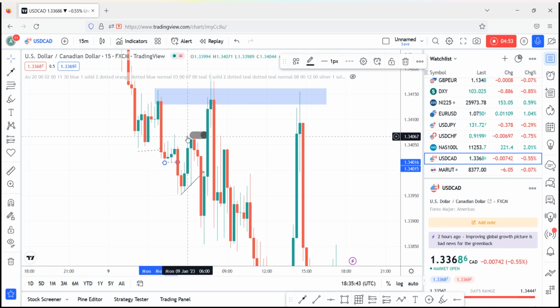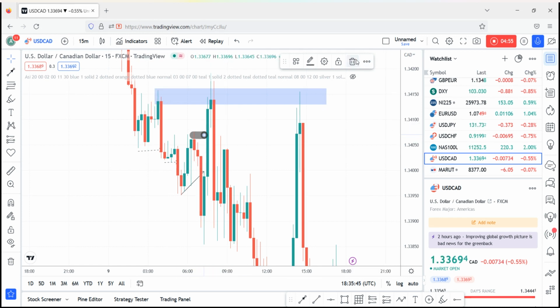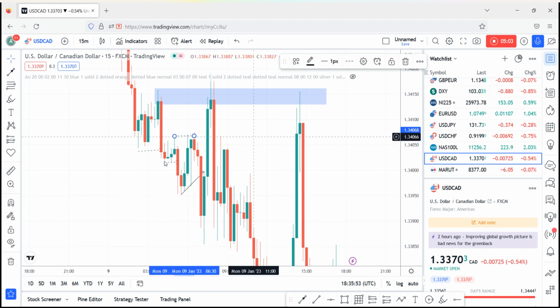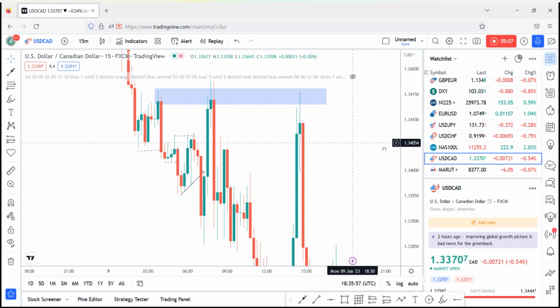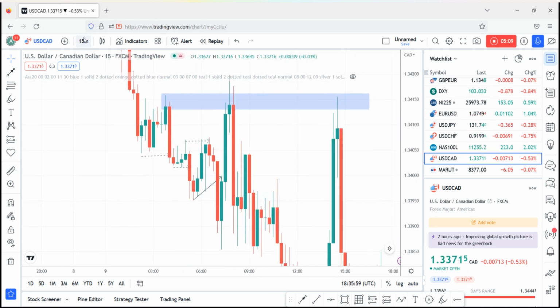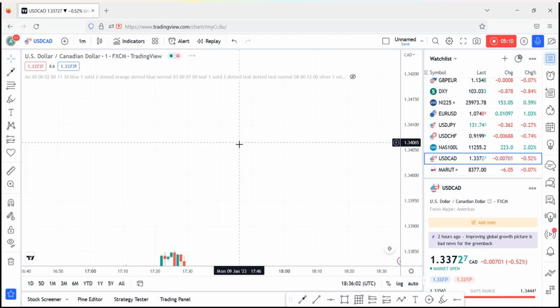because it took the liquidity. So now what I did was market took liquidity from here. You can clearly see market took liquidity from here, right? This was the last recent high, and then I moved into the 1 minute time frame.